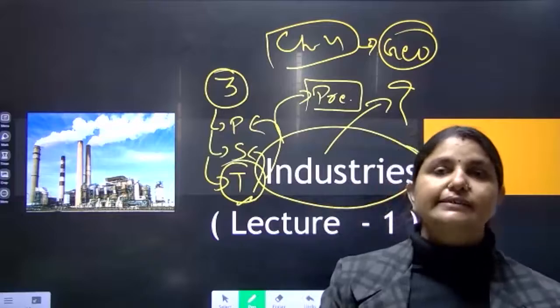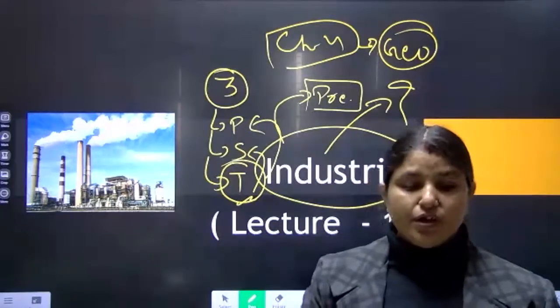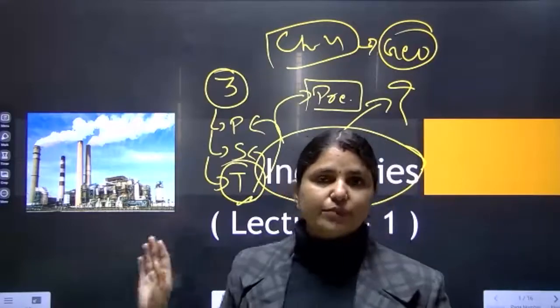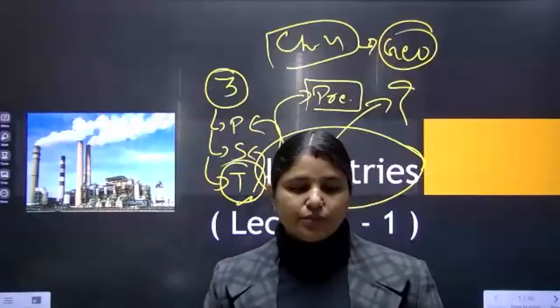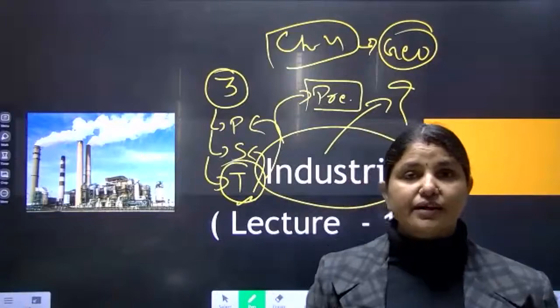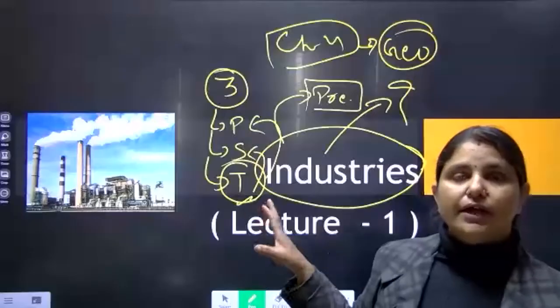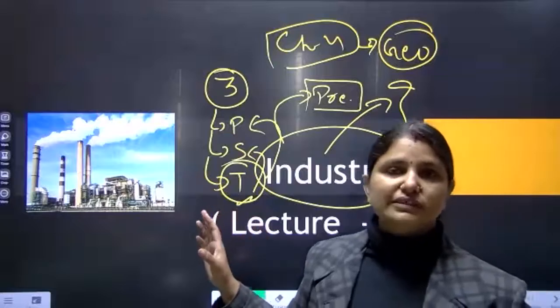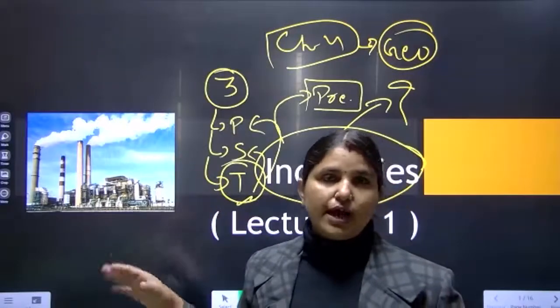Because of that, industry is a secondary activity. So I hope you are able to relate this chapter properly with our previous chapter. There we saw primary activity as agriculture, and in this chapter we will study industries, where we will see the secondary activity.